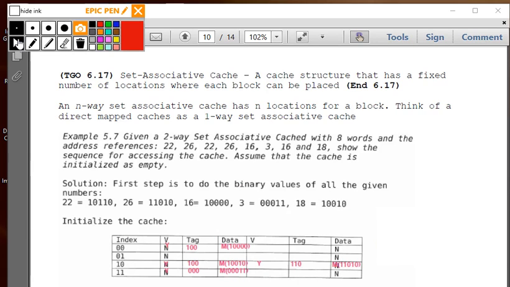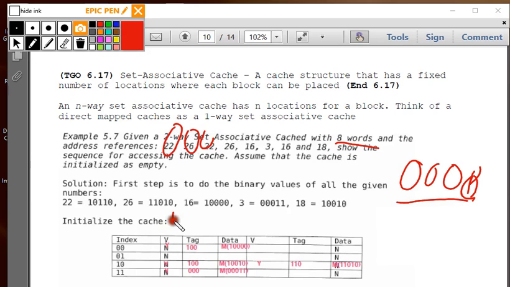So normally if I had 8 words, I would be breaking it down to an index of 3. So this would be 000 all the way through 111, right? And then we'd have a valid bit and then our memory, and the tag would represent which one we're substituting in.